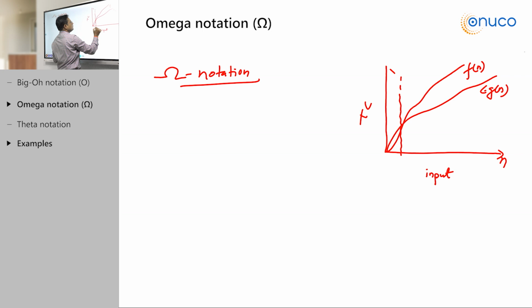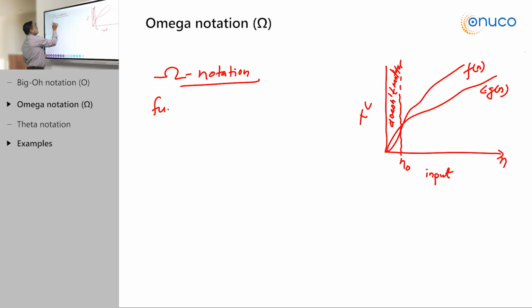Again, we are going to consider this part, and we ignore this part, it does not matter for us. Always you are looking for the value of n greater than or equal to n naught, which satisfies the proper inequality. So in this case, we can say that f of n has a higher order of growth than c into g of n.